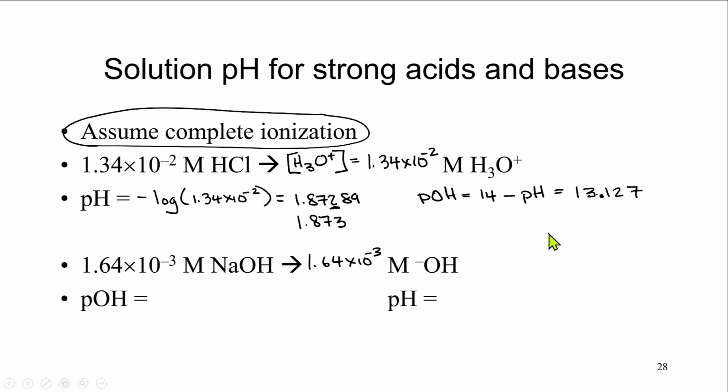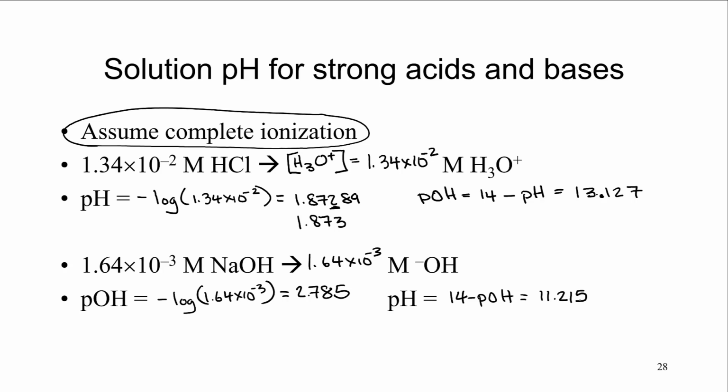Now, if you want to calculate the pOH for that solution, again, it's negative log of 1.64 times 10 to the minus third. And that's going to be equal to 2.785. And then to get the pH, all I have to do is 14 minus pOH. And that ends up being 11.215, like that.